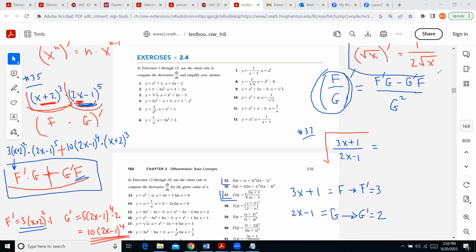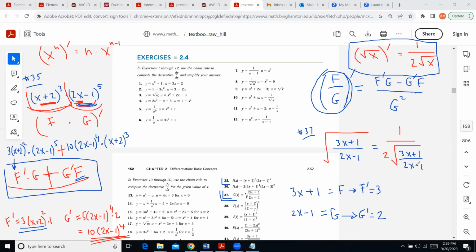So then I'm going to have to take that fraction 1 over 2 times the square root, put a square root on the outside, and just copy whatever we have inside the square root, 3x plus 1 over 2x minus 1, just like that.